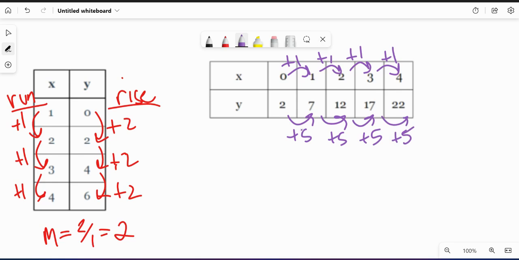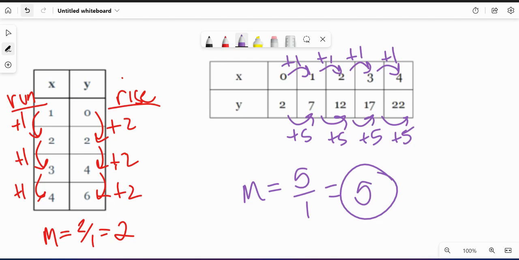Now a common mistake a lot of people make with the horizontal tables is they'll say the slope is 1 over 5, but it's rise over run. So the y values go on top. In this one, your M is 5 over 1, which is just 5. So you've got to be careful when you have a horizontal table.